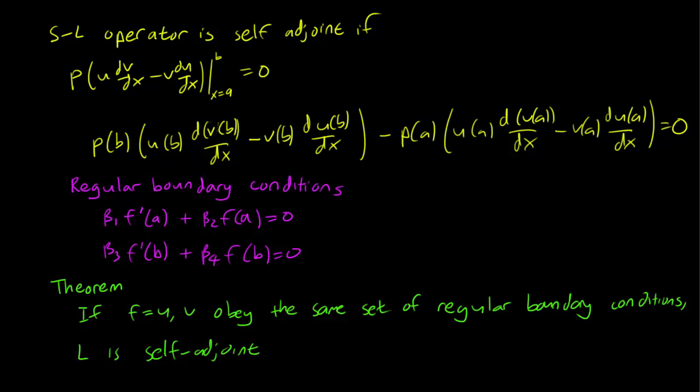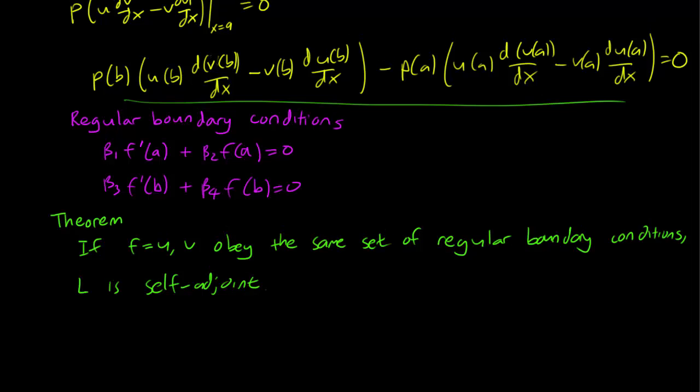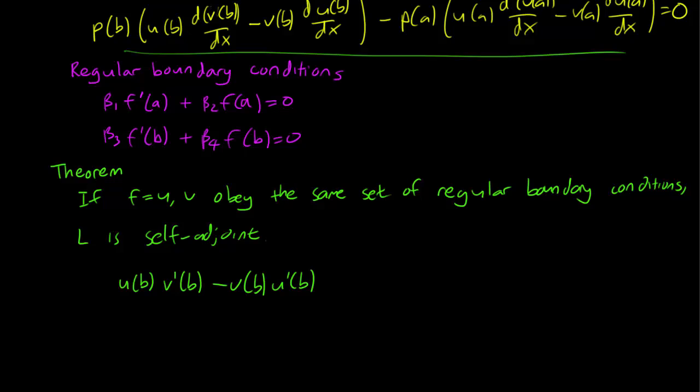In other words, that we have this nasty equation here being equal to 0. It actually isn't that difficult to check. So first of all, notice this term here. We have u(b) v prime(b) minus v(b) times u prime(b). However, we know that both u and v obey the regular boundary conditions, and this implies that v prime of b is equal to minus beta 4 v(b) over beta 3.